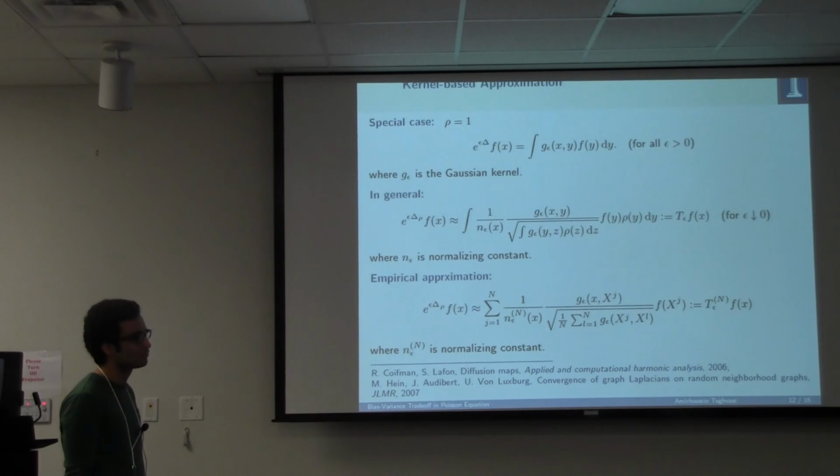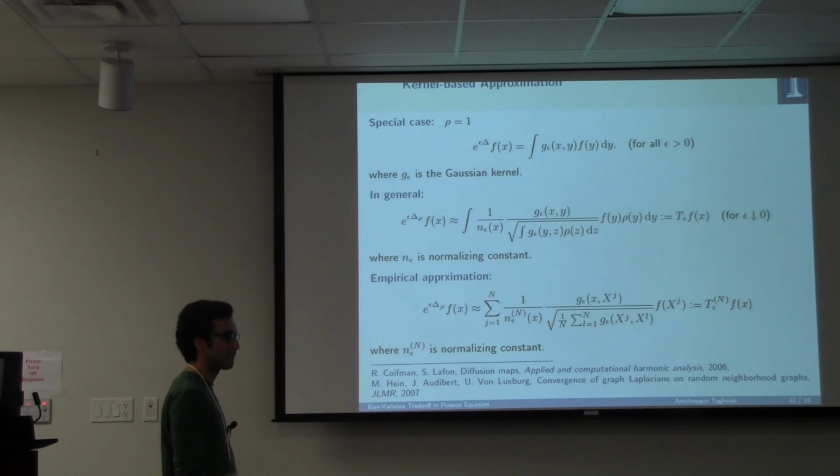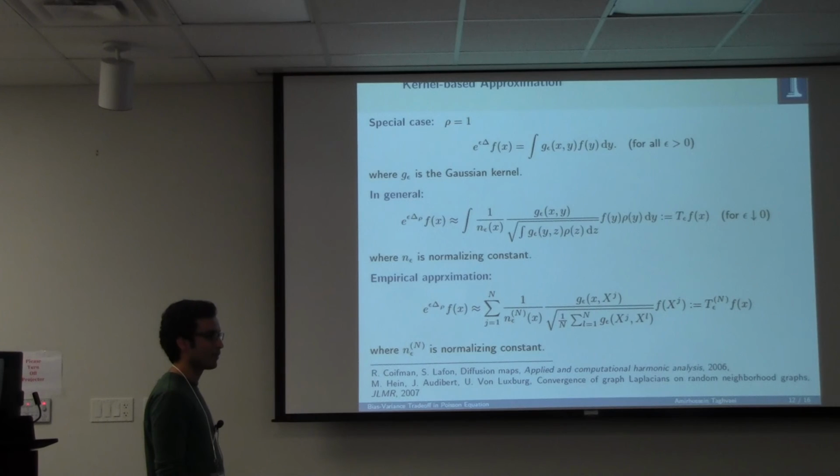So the PDE that you get when you put the non-constant rho in, is that the generator of the diffusion itself? Yes. Is that a recurrent diffusion? Yes. It's wonderful.